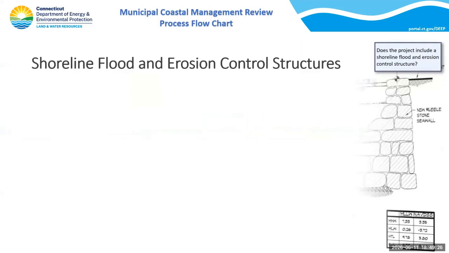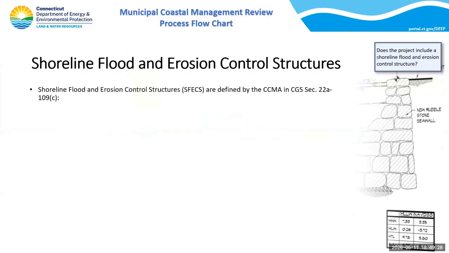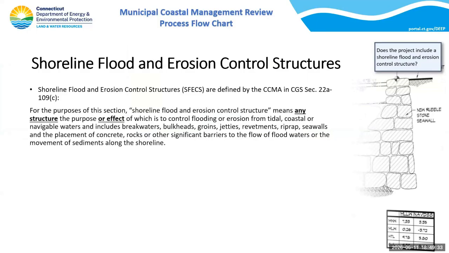So shoreline flood and erosion control structures, these are defined in CGS 22a-109c as any structure, the purpose or effect of which is to control flooding from or erosion from tidal, coastal, or navigable waters. This includes breakwaters, bulkheads, groins, jetties, revetments, riprap, seawalls, and the placement of concrete, rocks, or other significant barriers to the flow of floodwaters or the movement of sediments along the shoreline.